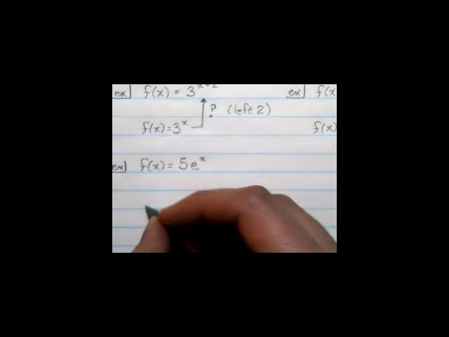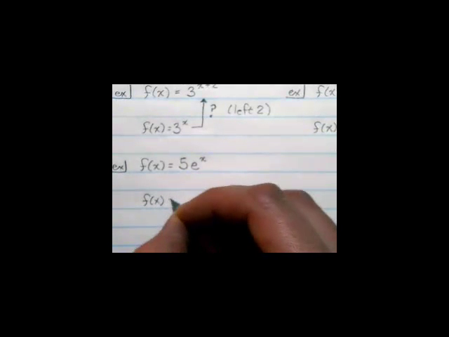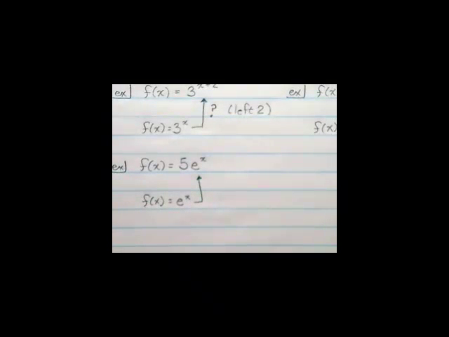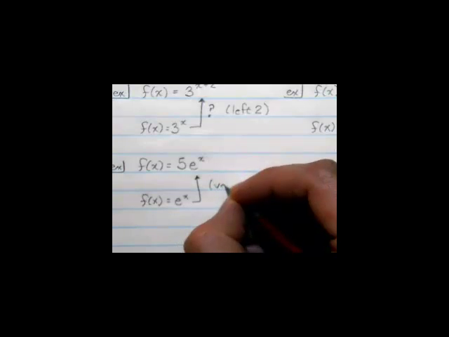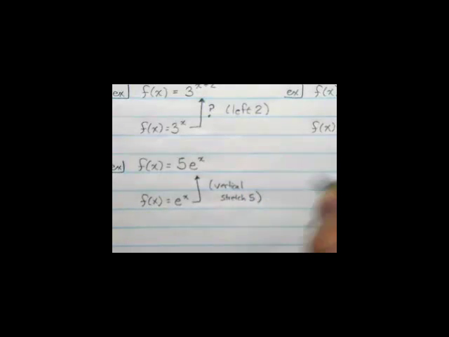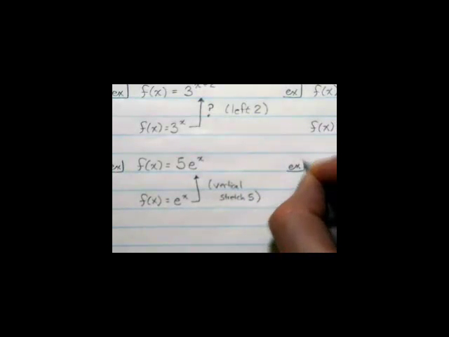So the starting point for this one would have been e to the x. So what kind of a change happened with e to the x to get us to 5e to the x? Vertical stretch 5, good. You guys are good. Maybe a little too good.